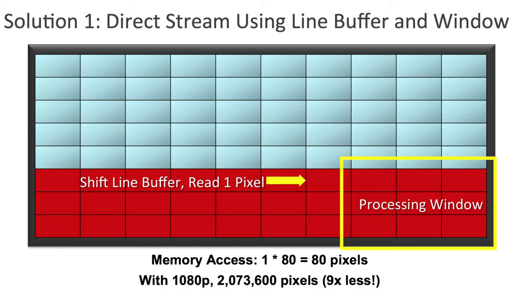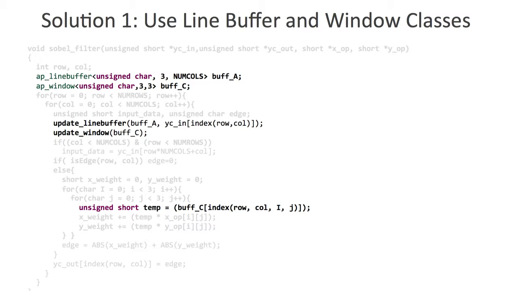The end result is exactly 2 million pixel reads, which is 9 times memory bandwidth saving. To apply this on your C code, it takes about 5 lines of code addition using 2 convenience types called ap_linebuffer and ap_window. By implementing the line buffer and the window algorithms, you can simply replace the memory access with the buffer access.